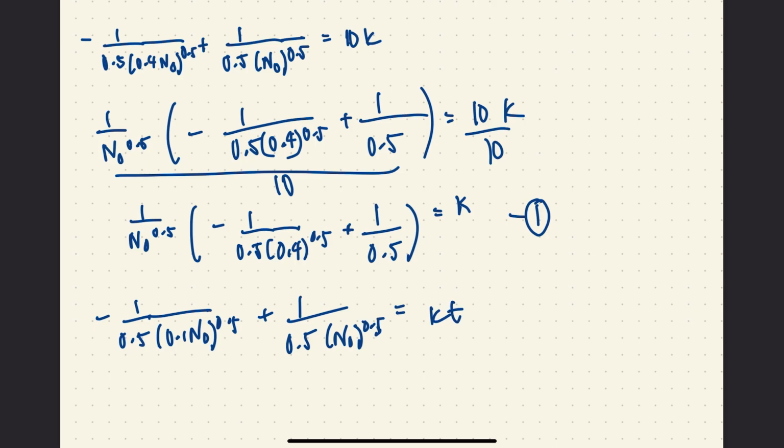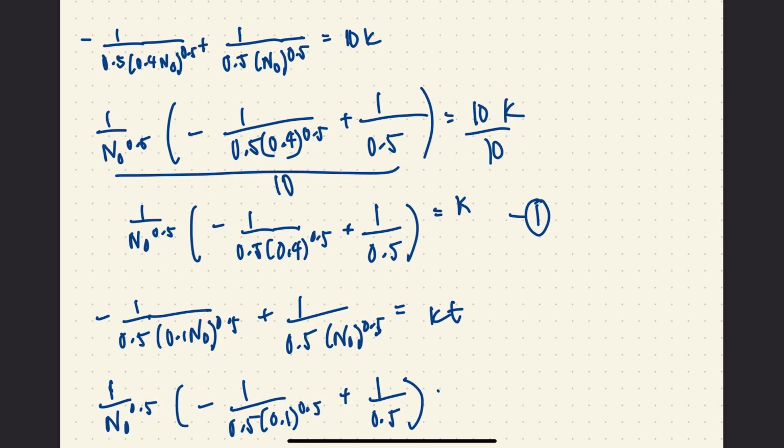Getting 1 over n0 raised to 0.5 out and factoring it out, this is your second equation. So divide by 2 as well, and you'll end up with your answer to get your t.